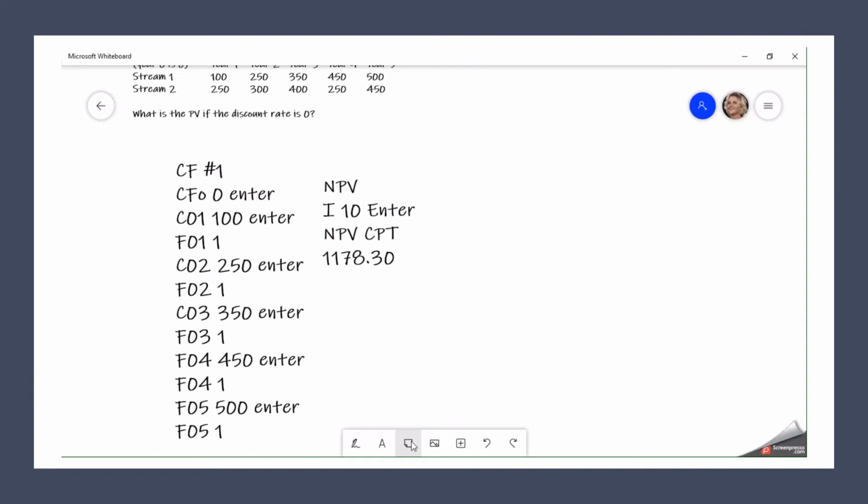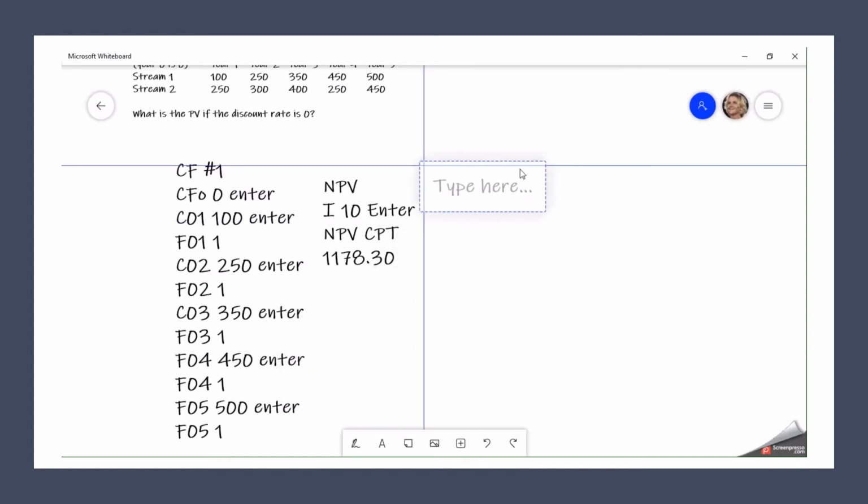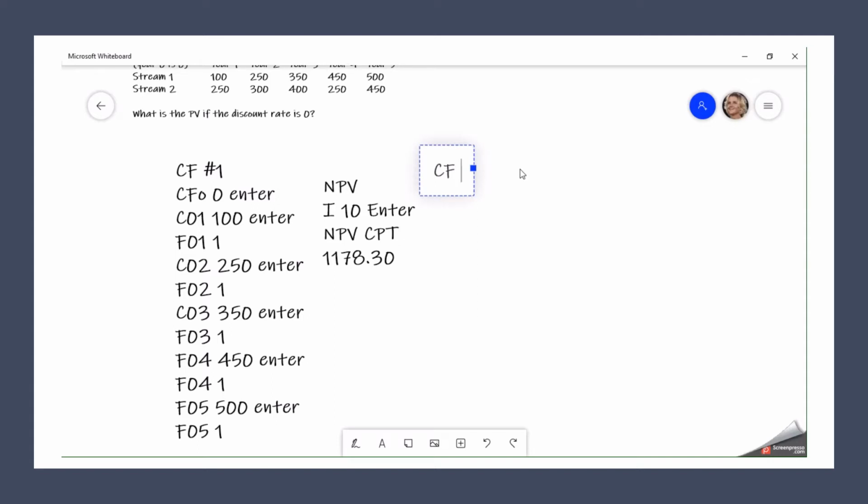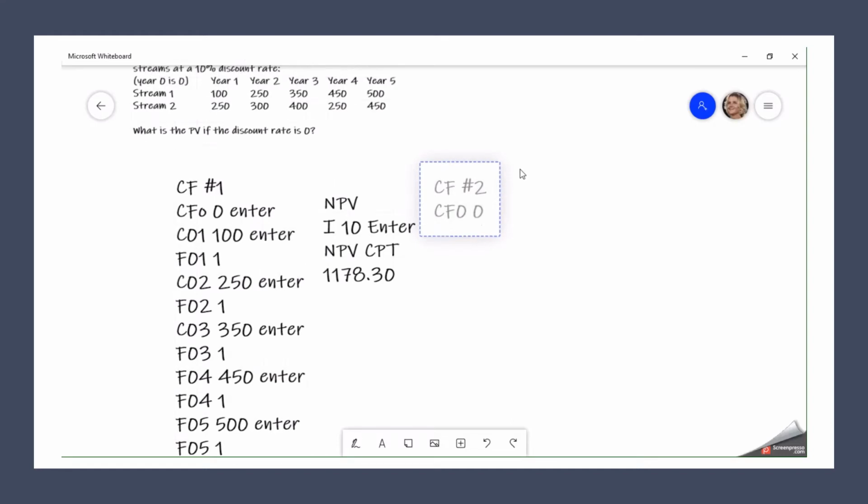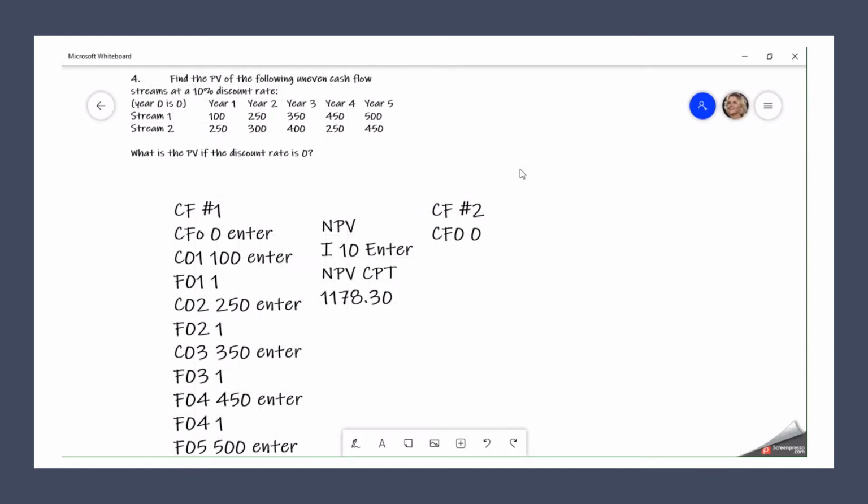Okay, then we'll do the same thing for the cash flow for stream 2. My cash flow for year 0 is 0 with stream 2 as well. Then the cash flow for year 1 is 250, with a frequency of 1.